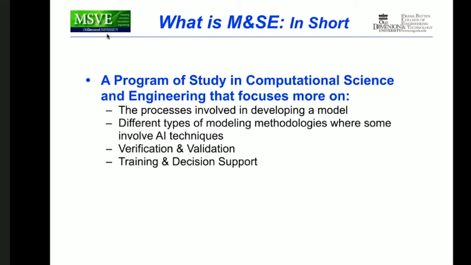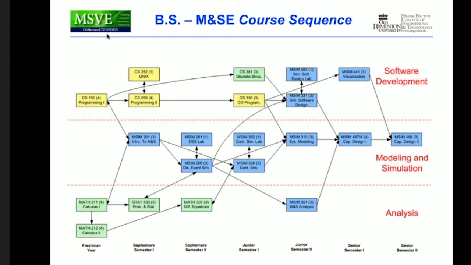So realistic models, not necessarily for entertainment, but realistic models that are used to get a real answer and train people to have a transfer of training. Next slide, please.